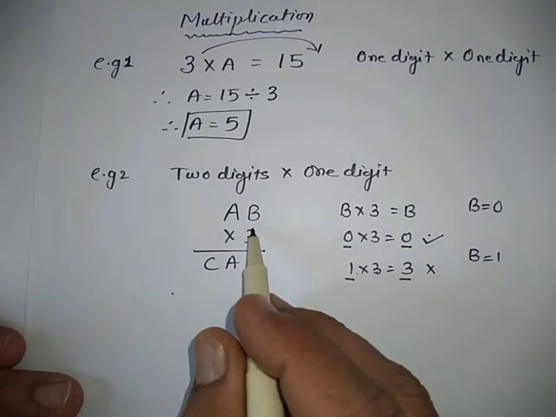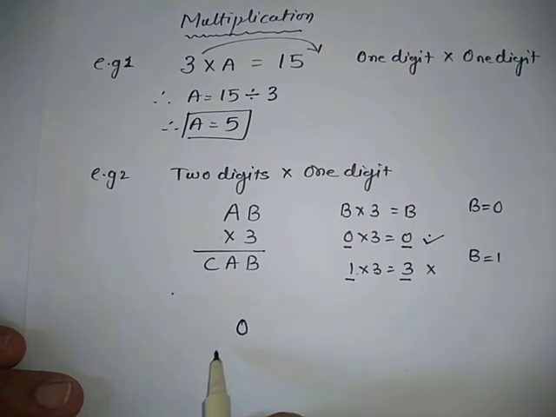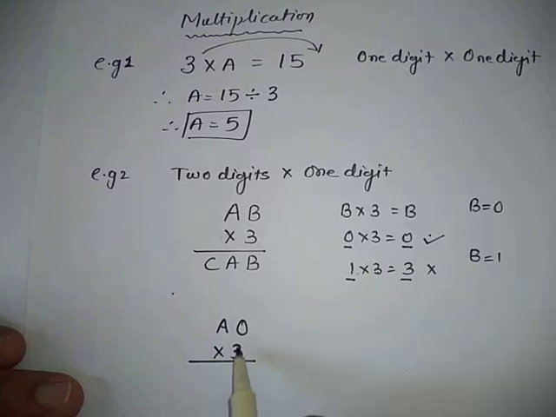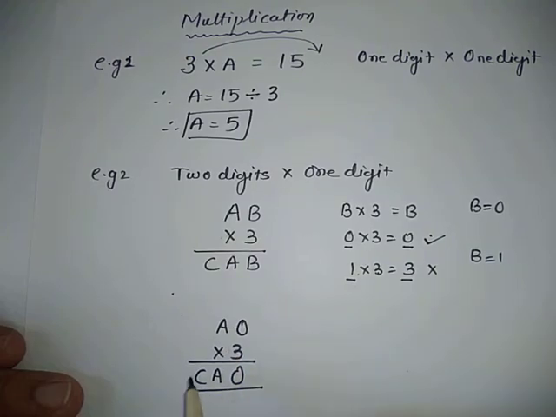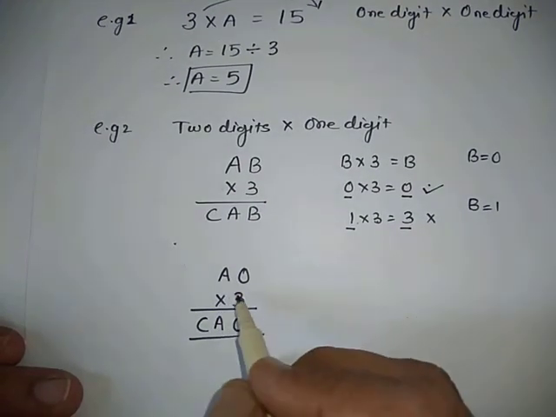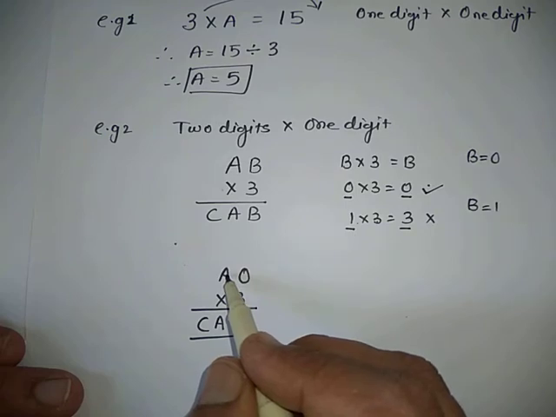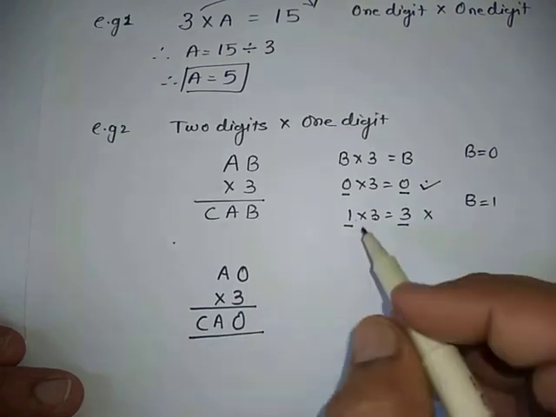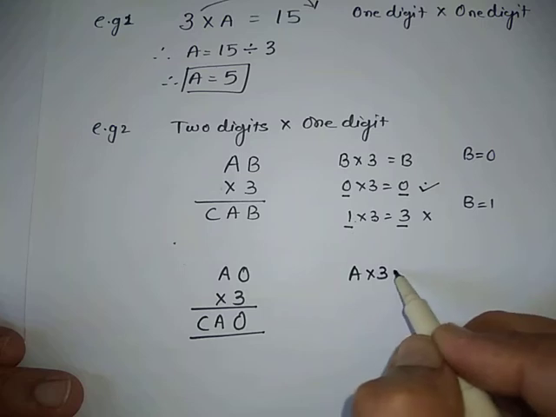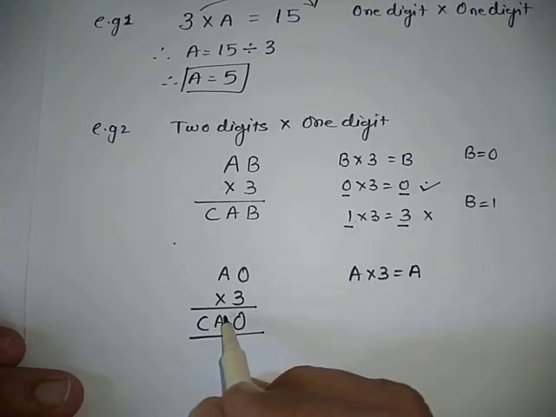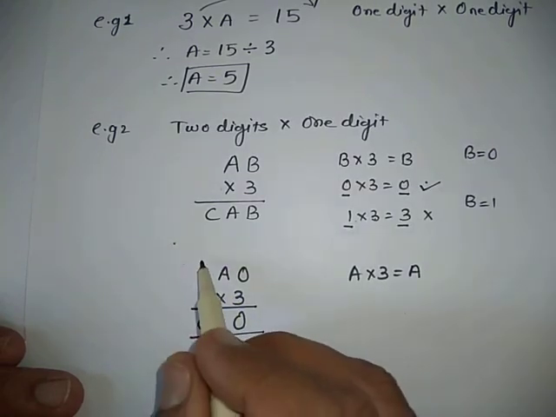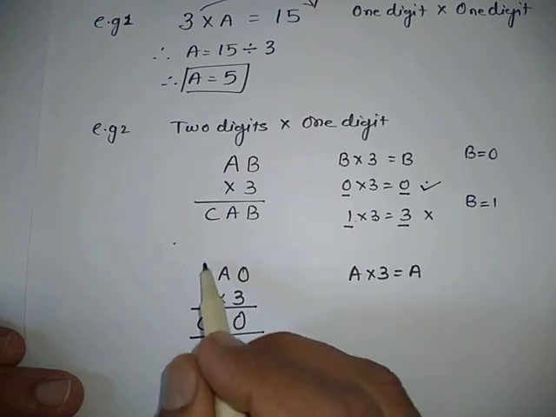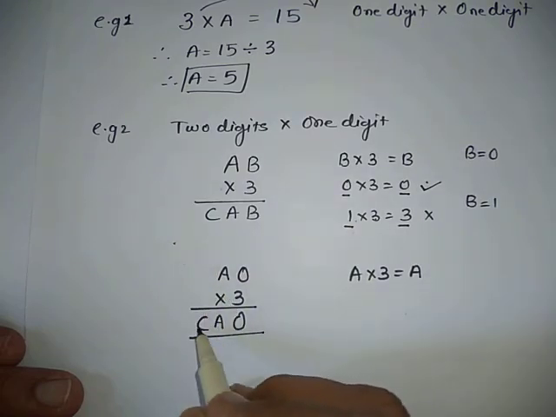So in place of b we will write 0, 0 into 3, as usual, 3 zeros are 0. Now I need to multiply and get the value of c and a. So if I have to multiply a into 3, I will get a. A into 3 is equal to a, such that it should be a 2-digit number. If it is a 1-digit number, then there won't be any carry, and if there is no carry, then we will not get the c value here.